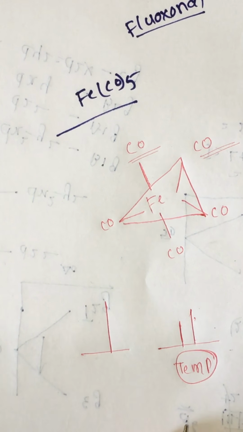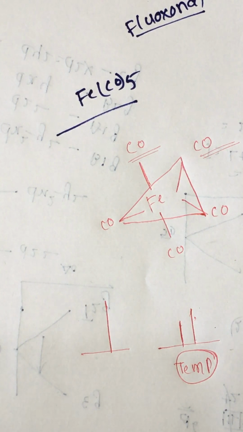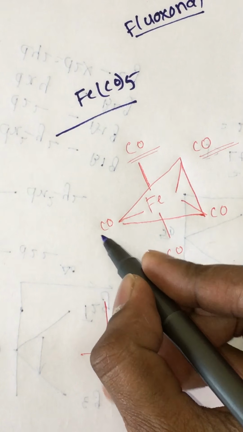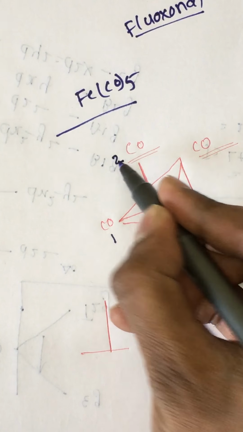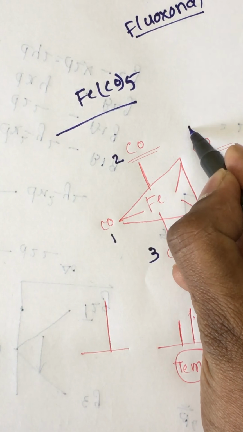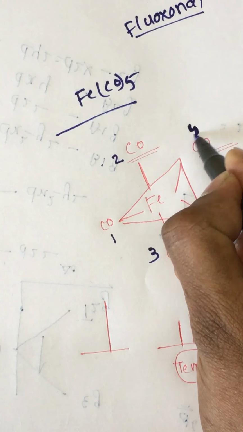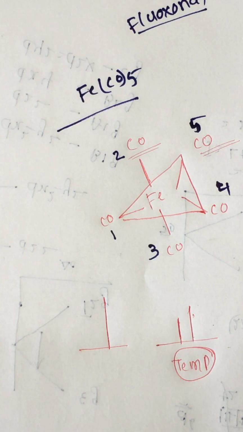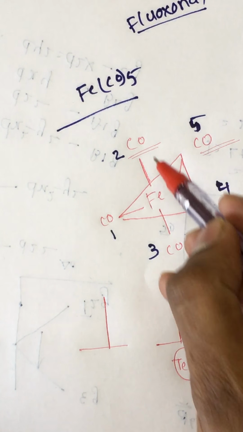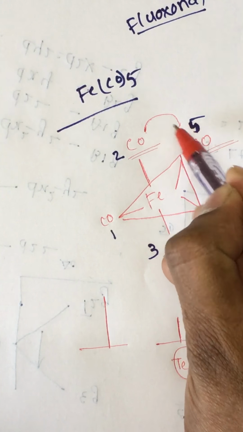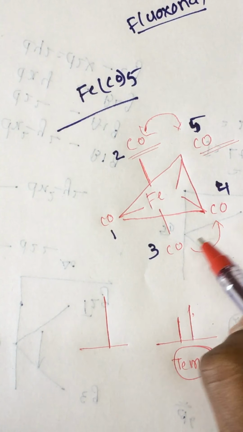The reason here is, if we go by the numbering for the carbonyl groups, this should be 1, 2, 3, 4, and sorry, this is 5 and this is 4. So what's happening here is there is an exchange between 2 and 5 as well as 3 and 4.